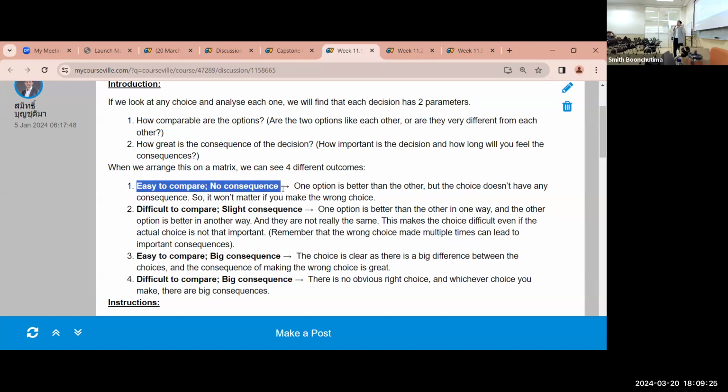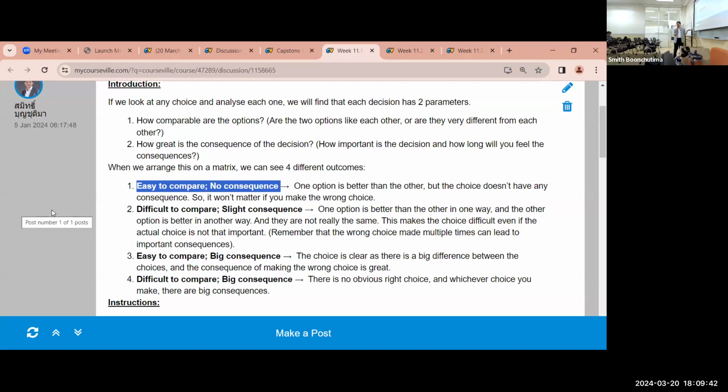If you make a wrong choice, it doesn't matter much, because you can take another chance to choose the right one. So this is very easy to compare and no consequence.